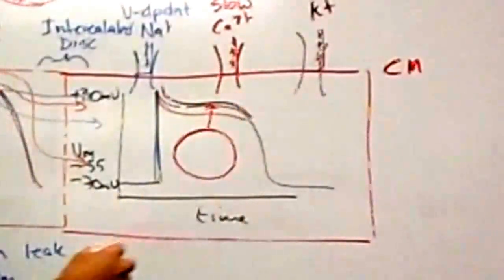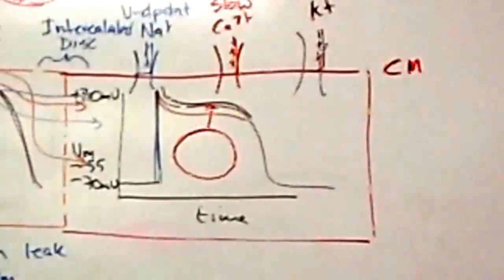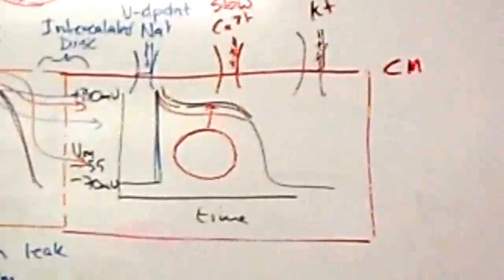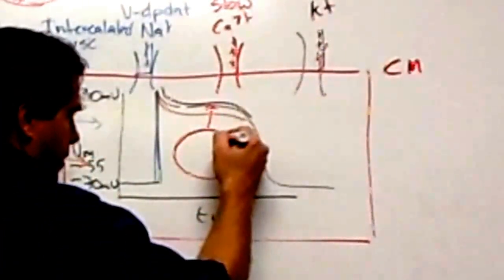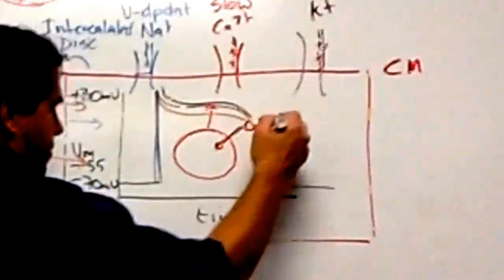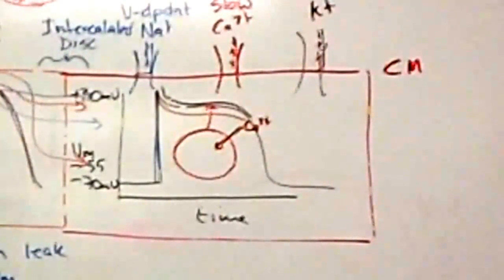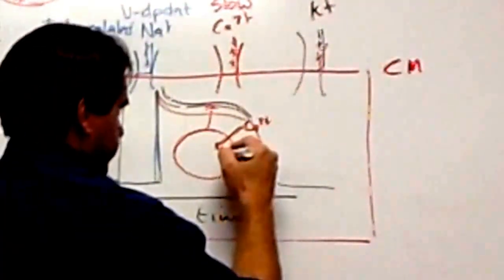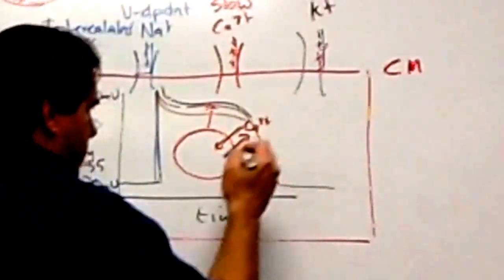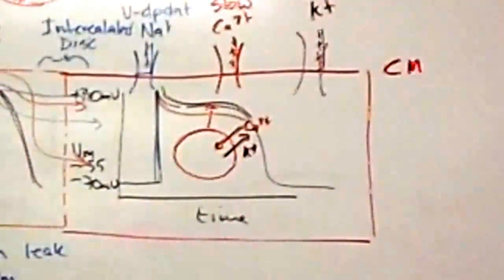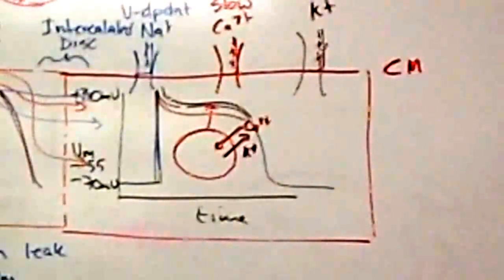During this plateau phase, it's called the plateau phase, calcium is coming into the cell as potassium leaves. So they're balancing each other out. In fact, they're linked. Every time a calcium comes in, the inside is more positive, so then a potassium says it's too positive in here, and so I want to leave.